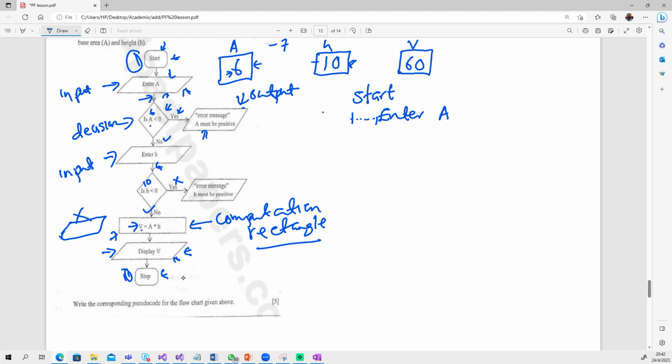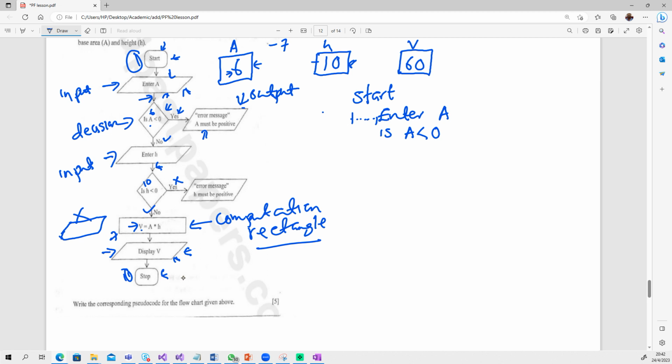So what's the next thing? Is a less than 0? You could do the same thing. Okay, let's say is a less than 0. Okay, so we know two things are possible here. It could be true, it could be false. So if this is true, what are you going to do?